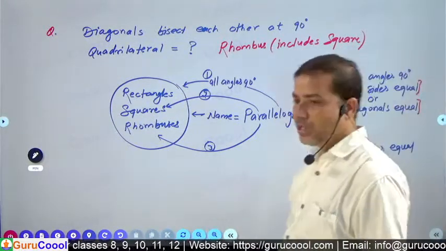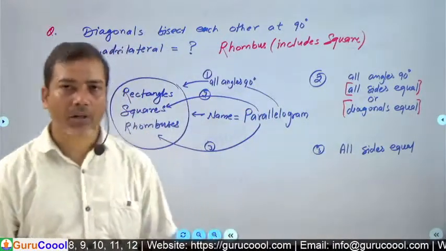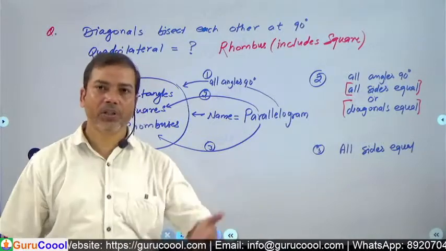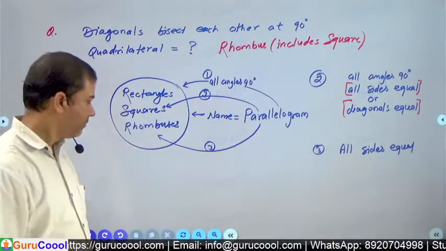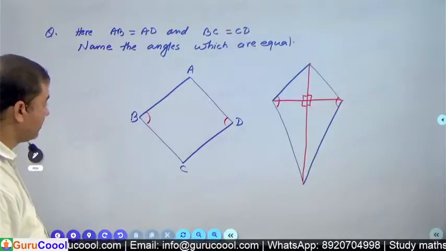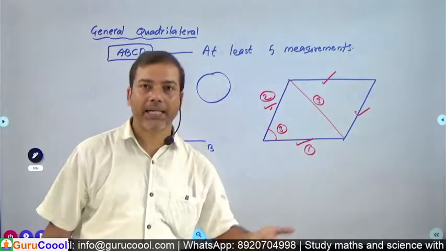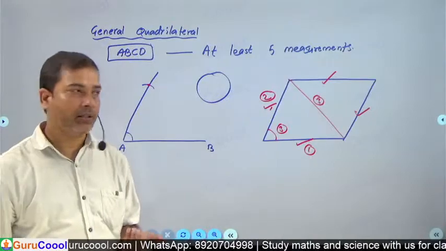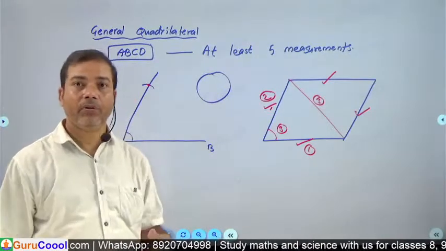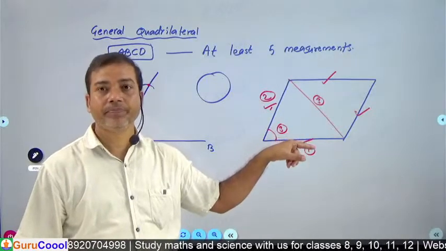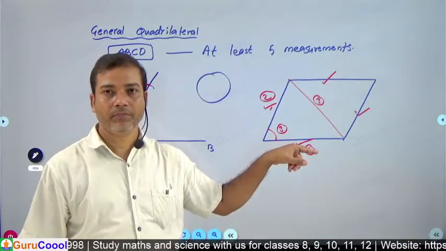In the parallelogram, generally all sides are not equal, right? Yes. Generally only opposite sides are equal in a parallelogram. We have talked about it here. A parallelogram has opposite sides equal, not all sides generally. But if all sides become equal, then this parallelogram will be called a rhombus.